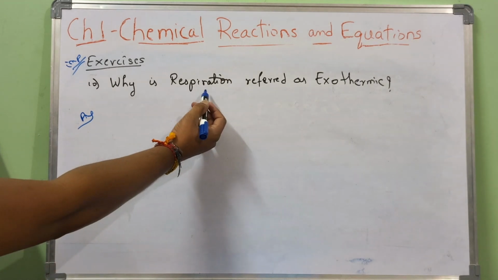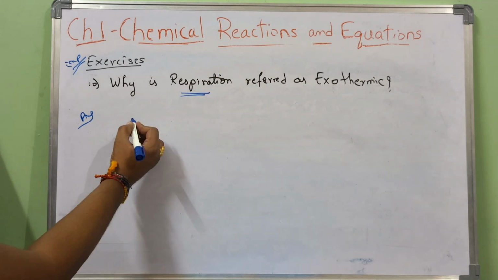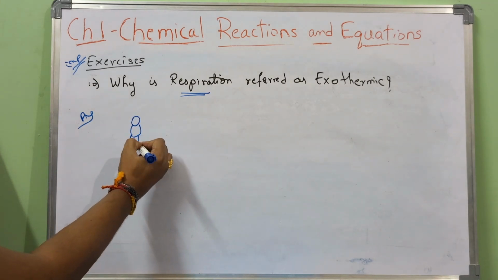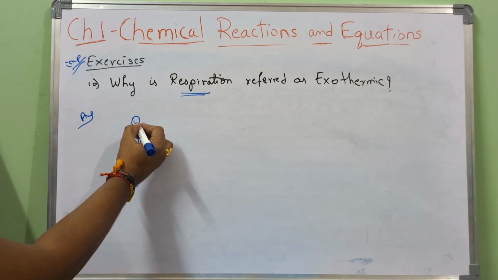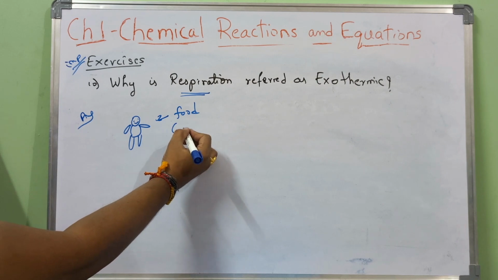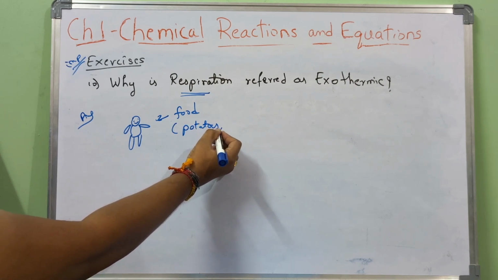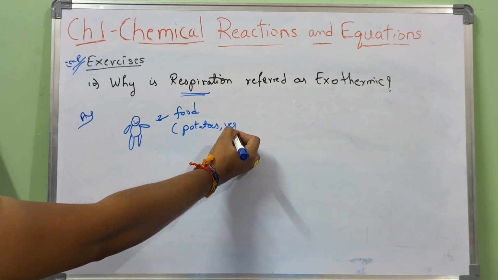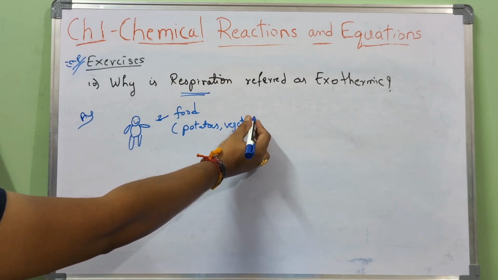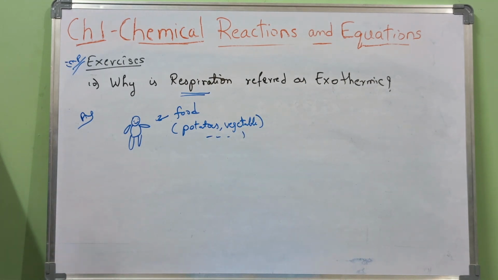What is respiration? Suppose we have the human body, that is ourselves. What we do is take food. Food can be anything, like potatoes or other food or vegetables. Whatever we eat in the form of fruits, vegetables or anything, let's consider the example of carbohydrates.